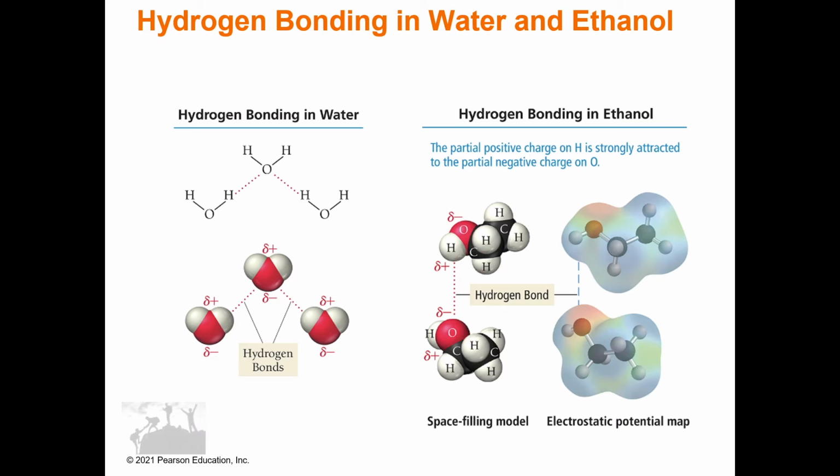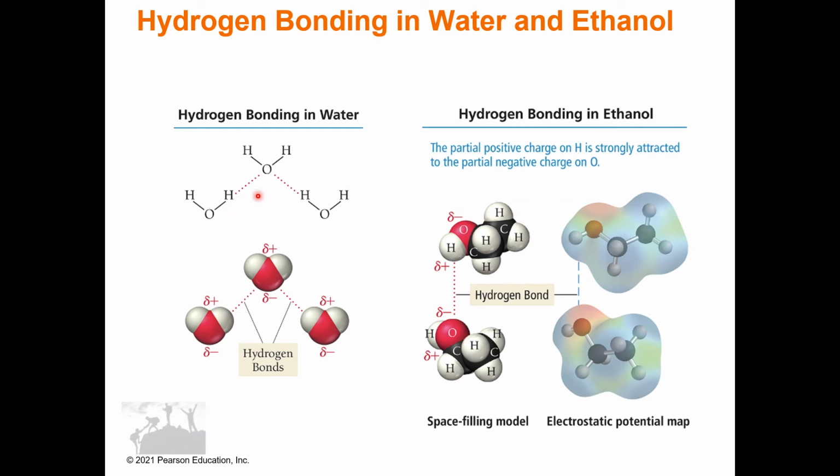A lot of students get this confused. When they see hydrogen bonding, they think of the covalent bond that connects an oxygen with a hydrogen in H2O. This is not hydrogen bonding. This is a covalent bond. It's an intramolecular interaction.